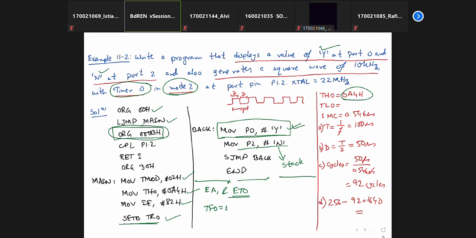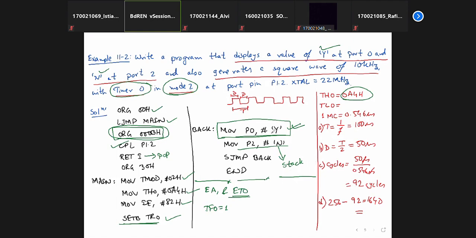It will directly jump to this particular address as we have already seen from the vector table. Then it will complement and do whatever it has to do. After that, this instruction RETI is equivalent to a pop instruction. This was also discussed in our previous class. So what is the function of this pop instruction? Whatever address was pushed onto the stack by the MPU, that address will be popped out.